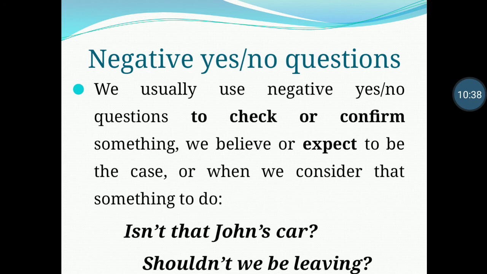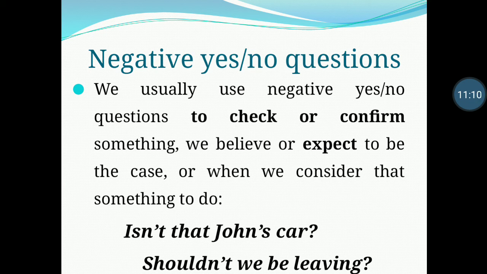We use negative yes or no questions to check or confirm or expect something to be done. For example, isn't that John's car? While asking this question, you want to confirm whether this is John's car or not. So while using negative yes or no questions, we can check or confirm or we may expect something to be done.